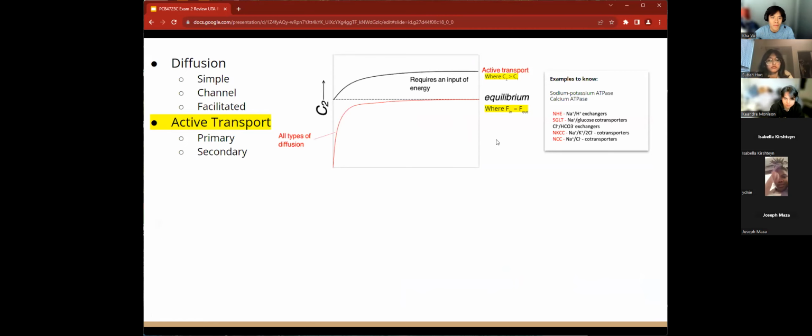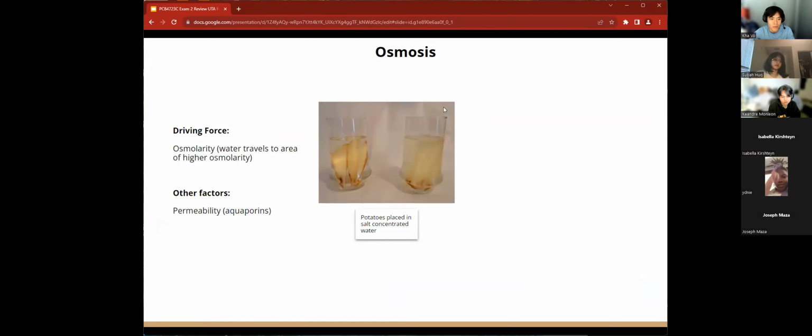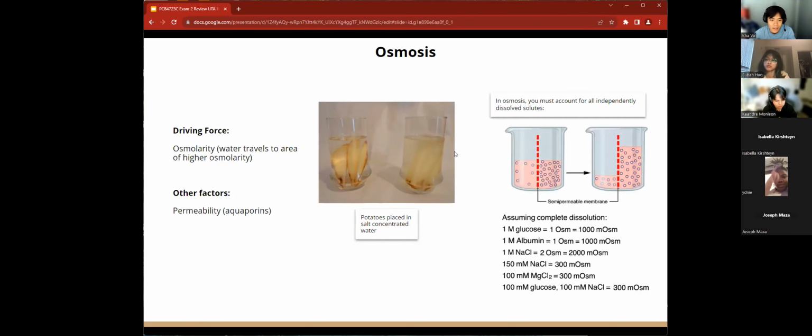However, when you talk about water, you actually have to take into account every single solute that is dissolved in that water. And so in this picture here, what you can see is potatoes placed in salty water, and the water flows into an area of high osmolarity.